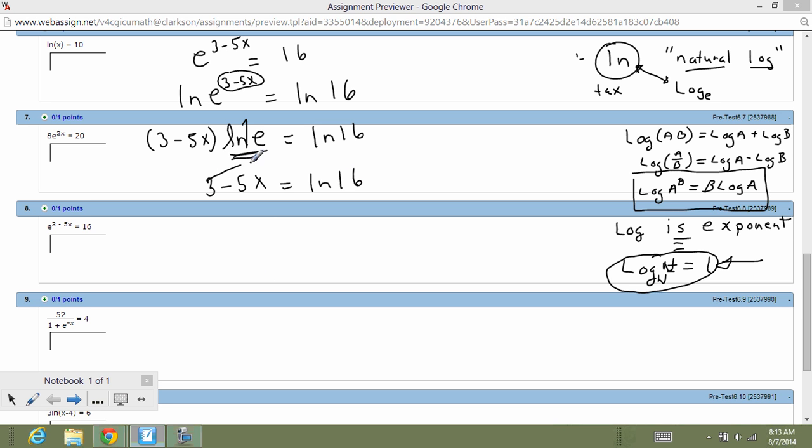I'll bring the 3 over, and get negative 5x equals natural log 16 minus the 3. And then this multiplied negative 5, just as you do in elementary algebra, you remove by dividing.